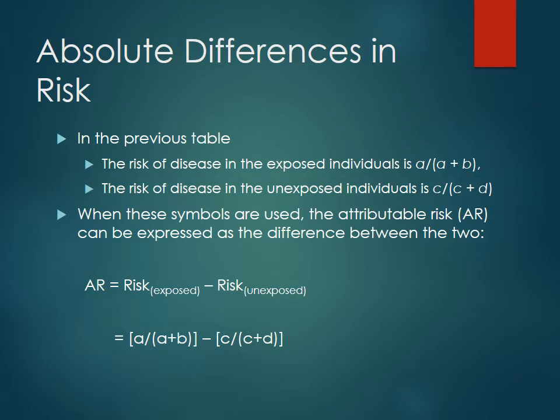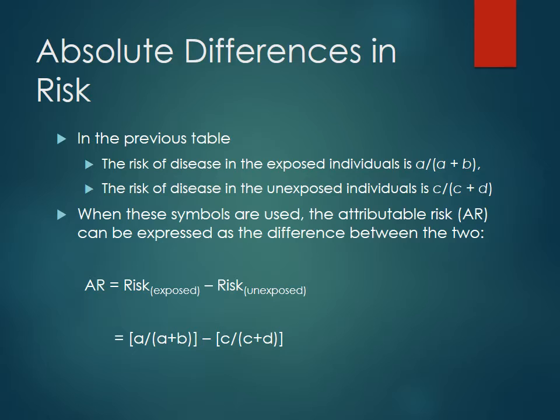So in the previous table, the risk of disease in the exposed group ended up equaling A divided by A plus B. Remember A being the group of people who had the risk factor and developed the disease, plus B being people who had the risk factor and did not develop the disease. So that's your total group, right? And so risk is always going to be your total at-risk population.